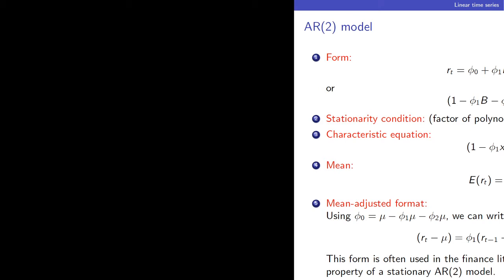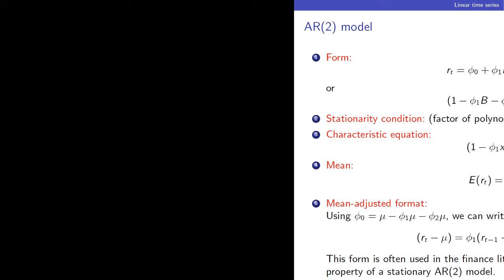Stationarity condition is a bit less simple than the absolute value of phi sub 1 being less than 1. Characteristic equation is this one, and the mean in this case is again phi sub 0 divided by 1 minus phi 1 minus phi 2.